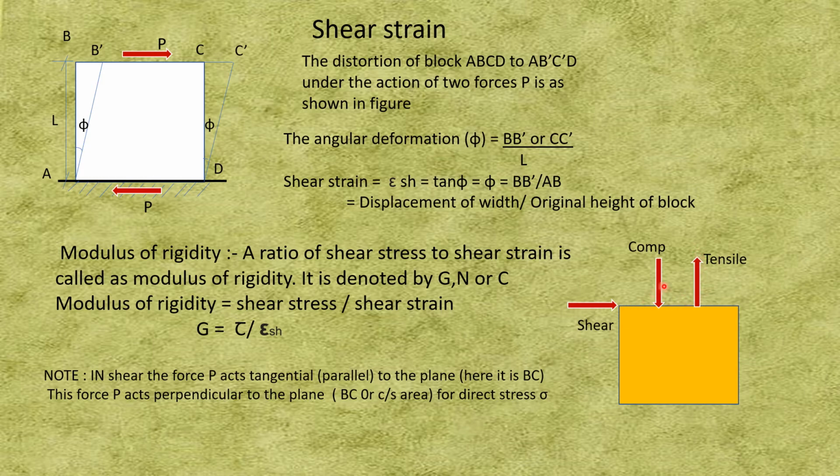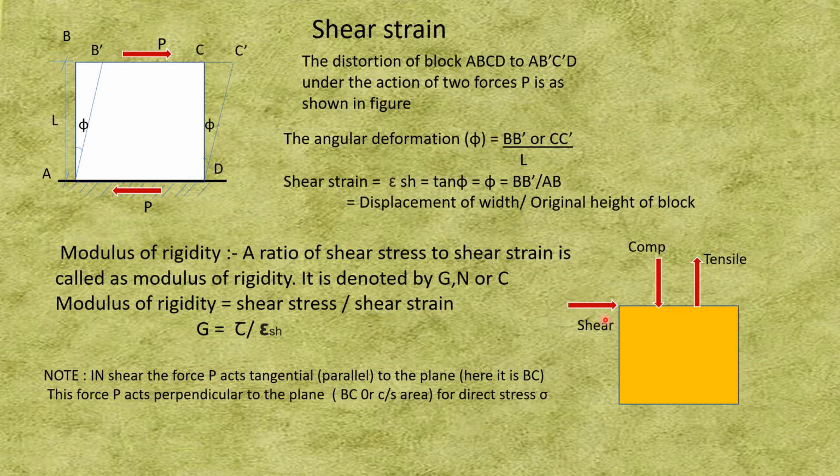When compressive or tensile stress is developed, the force is perpendicular to this plane, and when shear stress is developed, the force is parallel to the plane. That is the main difference between shear stress and compressive or tensile stress.